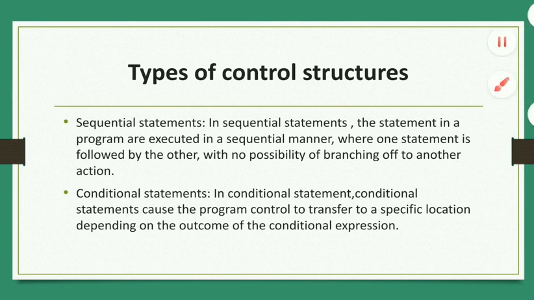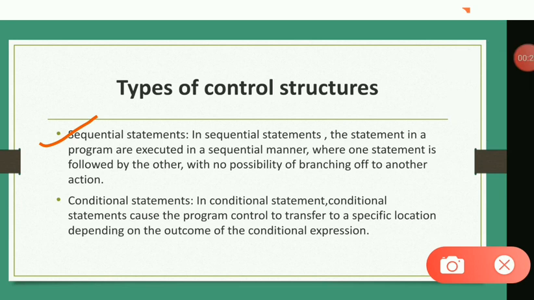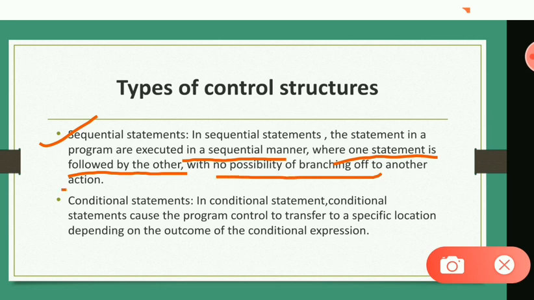In sequential statements, the statements in a program are executed in a sequential manner, where one statement is followed by the other. Here there is no possibility of branching off to another action. If you have a number of expressions and you want to execute the second expression first, then it is not possible in this type of sequential statement.